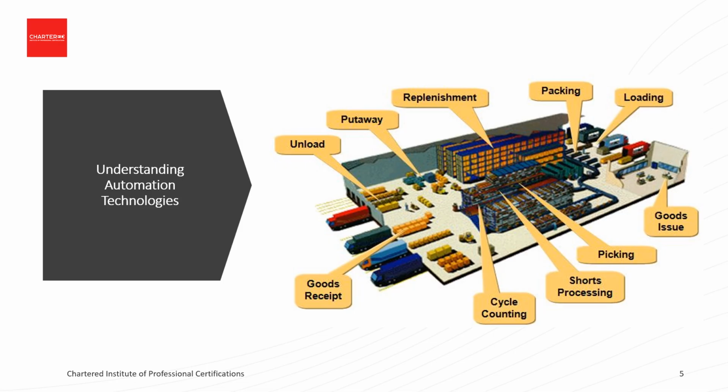AI algorithms can analyze vast amounts of data to forecast demand, optimize inventory levels, and identify trends or anomalies. This can lead to more accurate planning and decision making. But AI can also be used in conjunction with robotics to create intelligent robots that can learn and adapt to their environment.